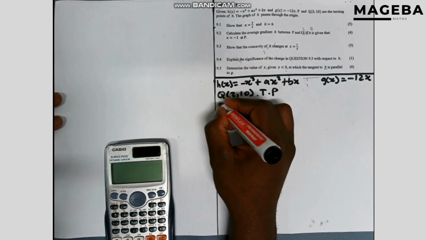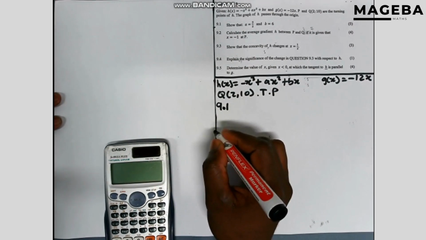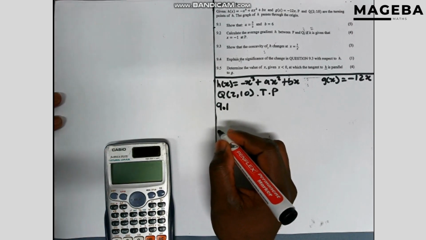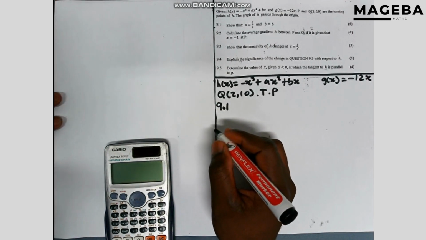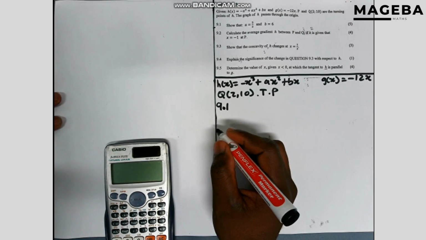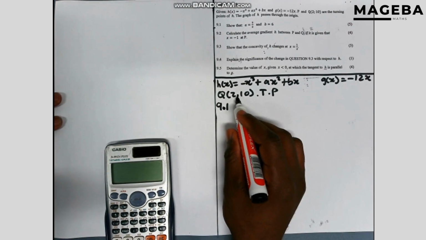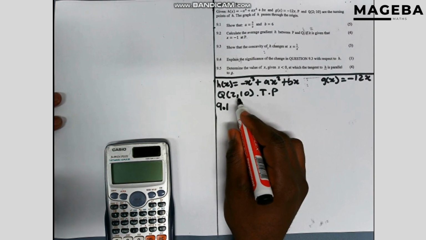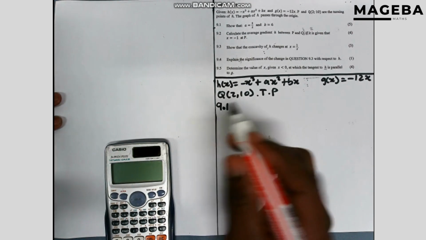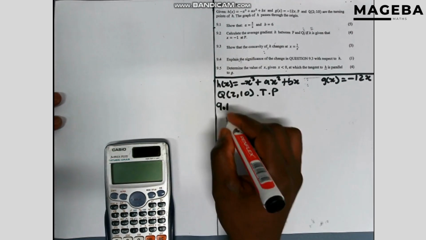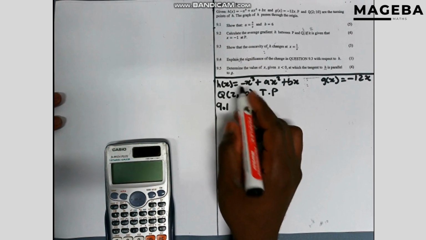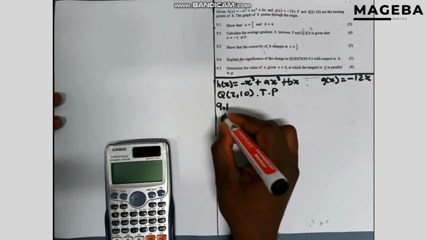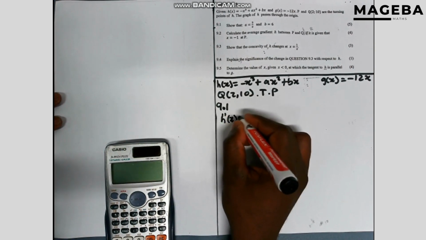Now, question number 9.1 is saying show that a is 3 over 2 and b is 6. Now, what we know is we have a turning point. How do we find the turning point? We derive. So the first thing that we are going to do here is derive this h of x.